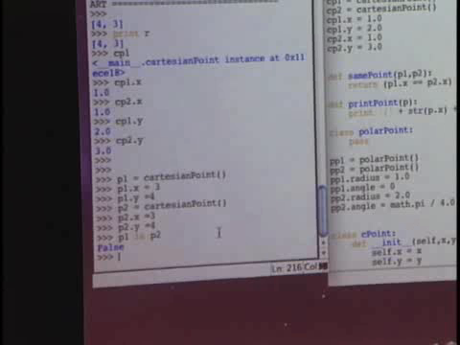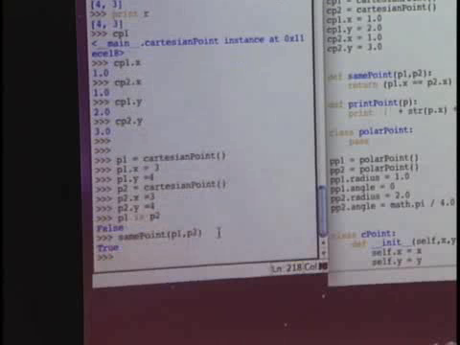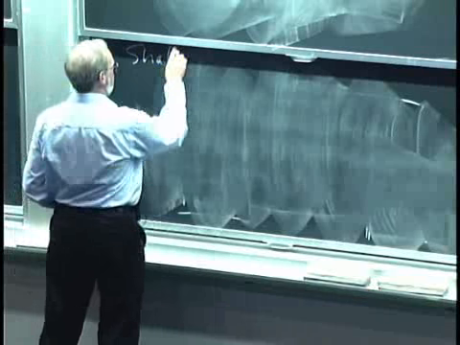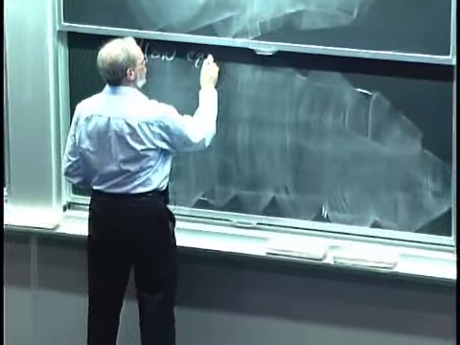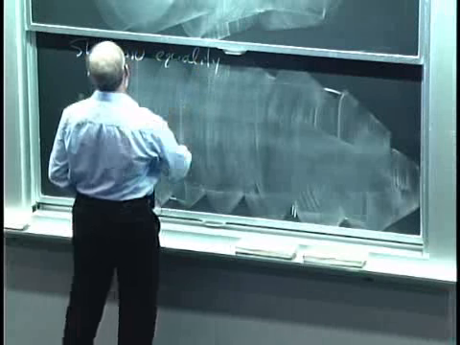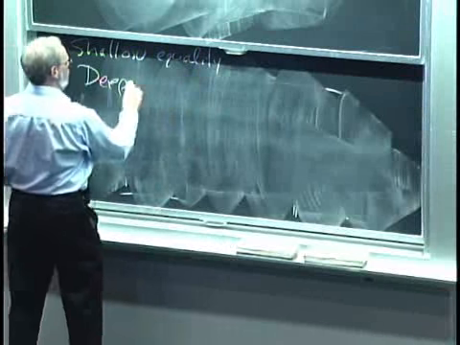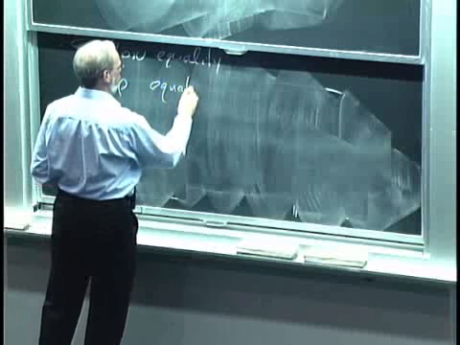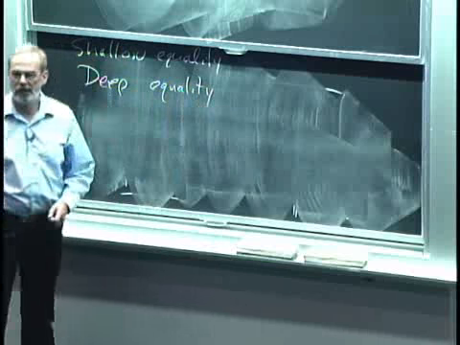It says no. But if I say, are P1 and P2 the same point, it says yes. And this is a point I want to stress here. I want to distinguish between shallow equality and deep equality.